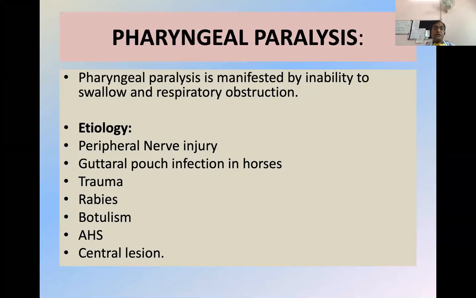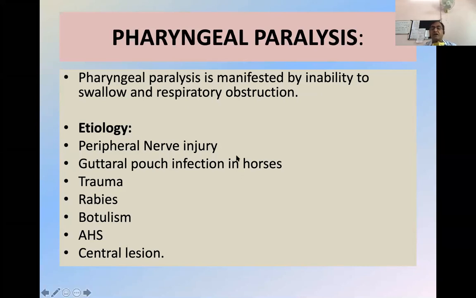And here, there is a chance of aspiration pneumonia and coughing, because the animal, whether male or female, cattle or dog, is unable to control the food as the nervous system is not working. So pharyngeal paralysis is manifested by inability to swallow and respiratory obstruction, because the animal is not aware of it.